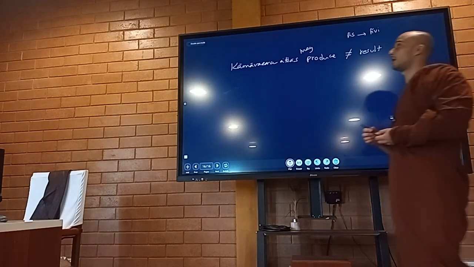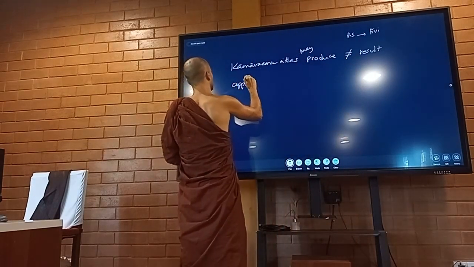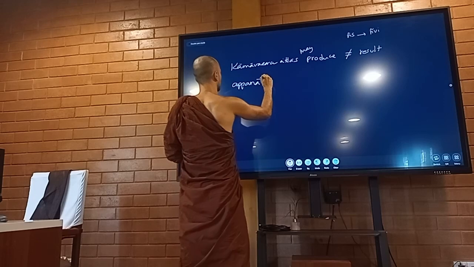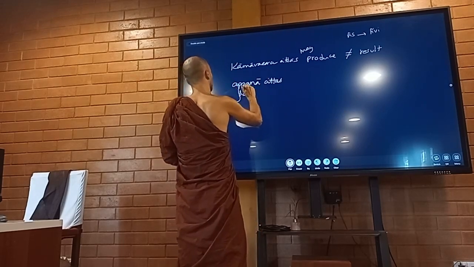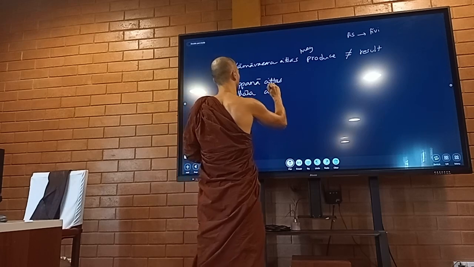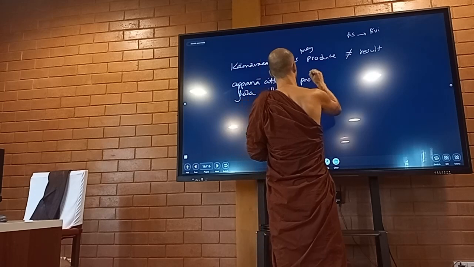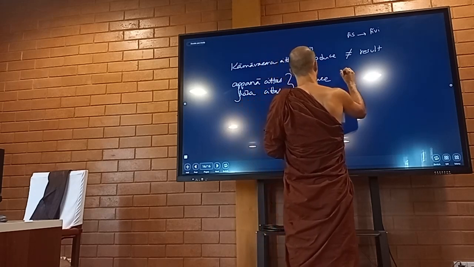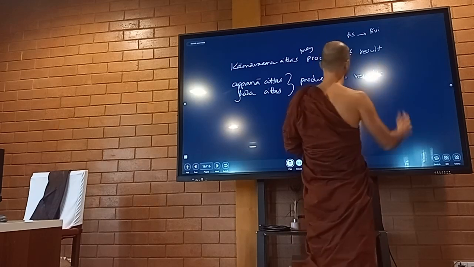But appana cittas, which are also called jhana cittas, right? Jhana cittas. They produce the same result, as the citta is the same.